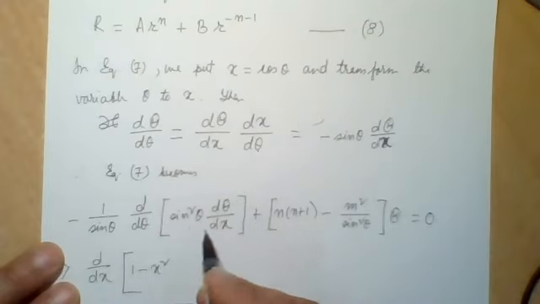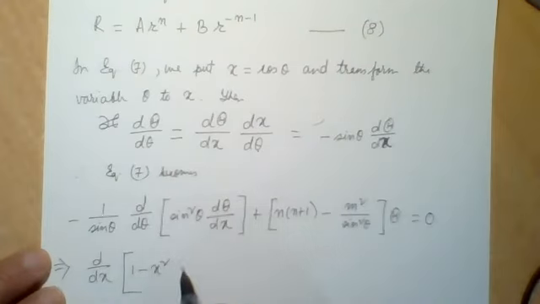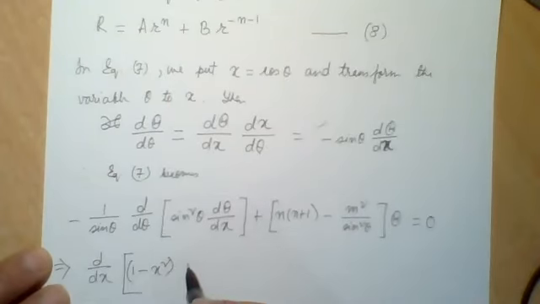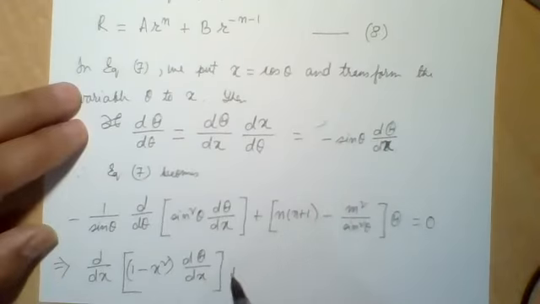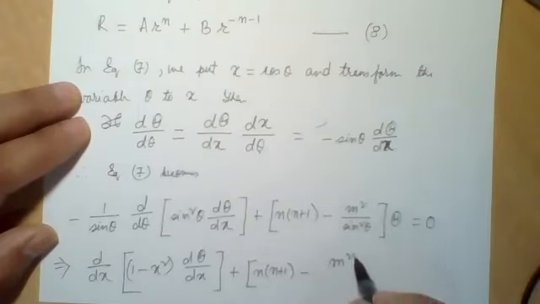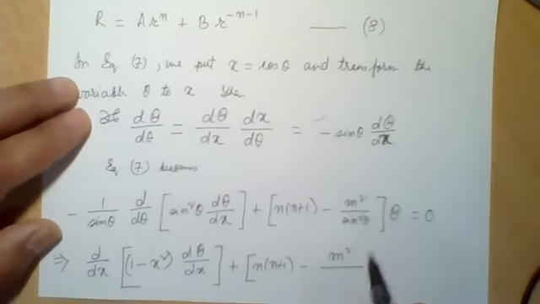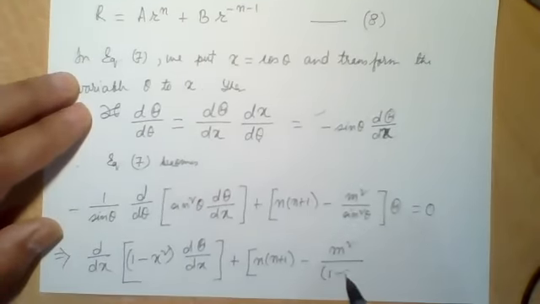So 1 minus x square multiplying d capital theta by dx, plus n into n plus 1 minus m square divided by 1 minus x square, multiplying capital theta, is equal to 0.